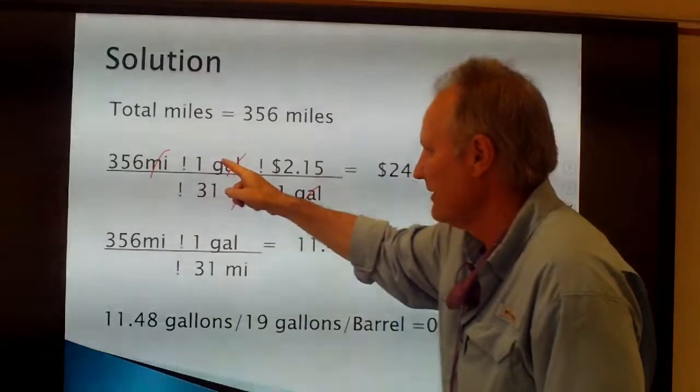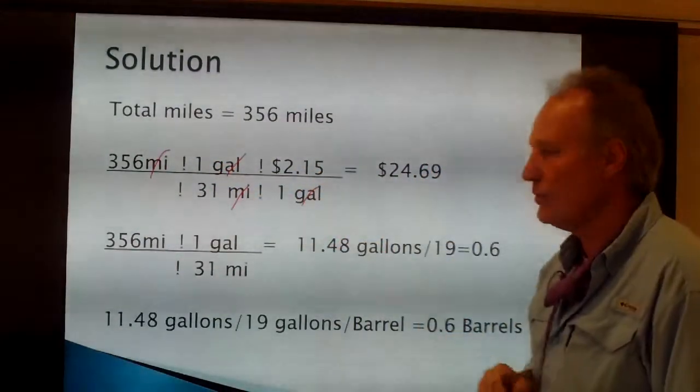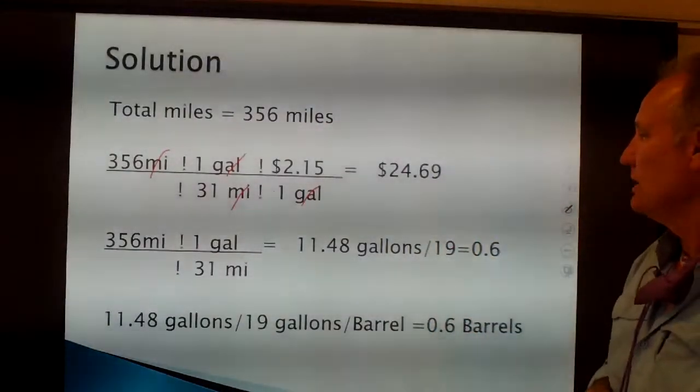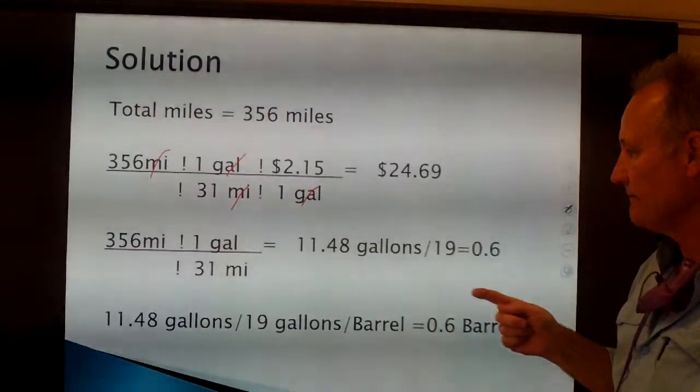So 356 times 1 times 2.15 divided by 31, and you end up with it costing you $24.69 just for gasoline.